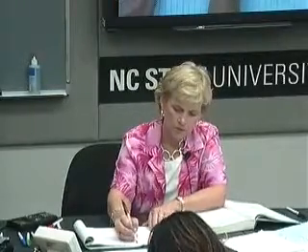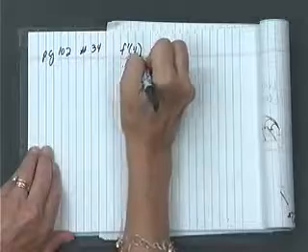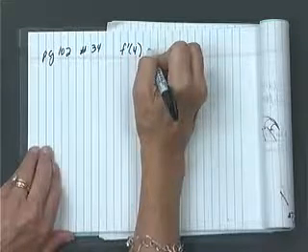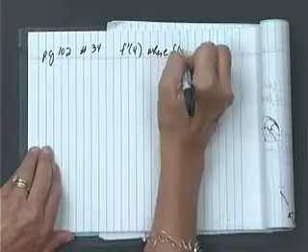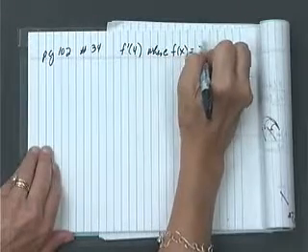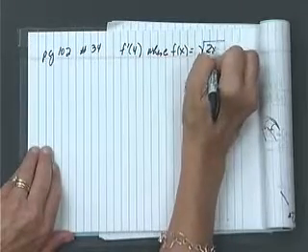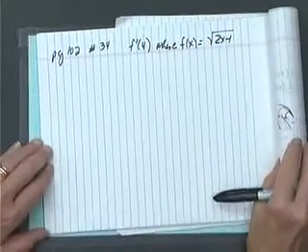So this is page 102, number 34. We're supposed to find the derivative at 4 using limit definition, where f of x is equal to the square root of 2x minus 1.